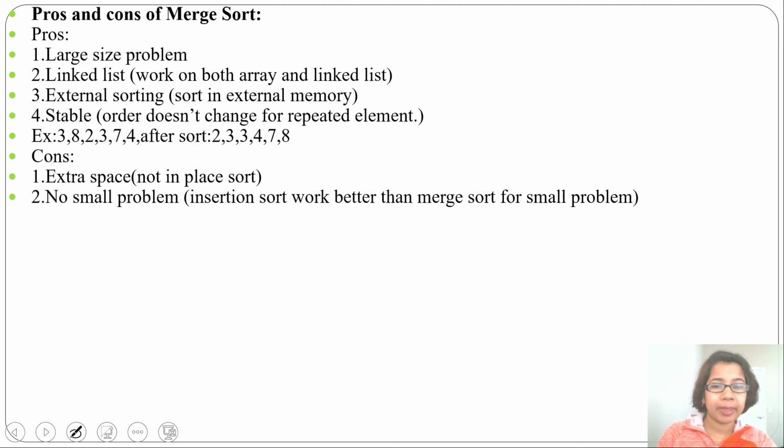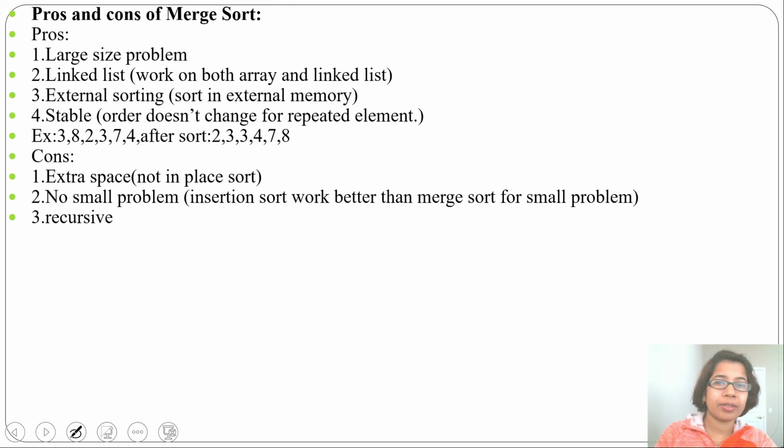Insertion sort works better than merge sort for small problems. Also, insertion sort works for linked lists. That's why if an array has a small size, then we prefer insertion sort over merge sort. Next, it is recursive. For recursion, we need to call the same function repeatedly. Also, we need some stack space. That's why this is a disadvantage.